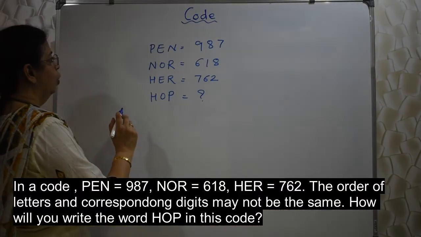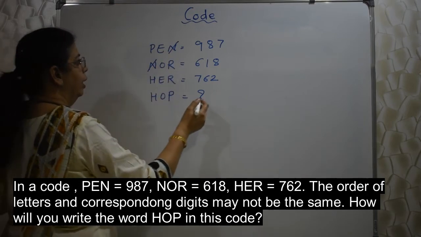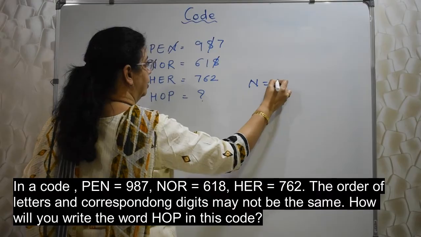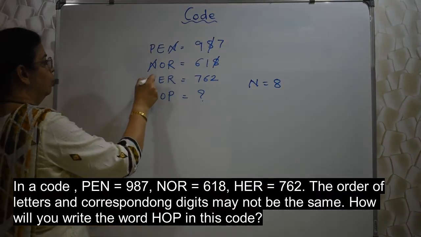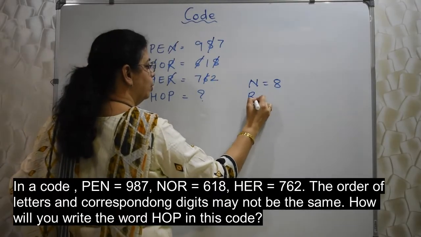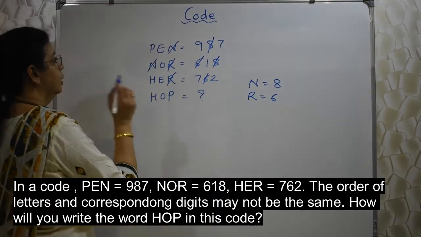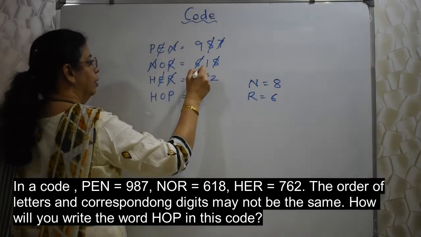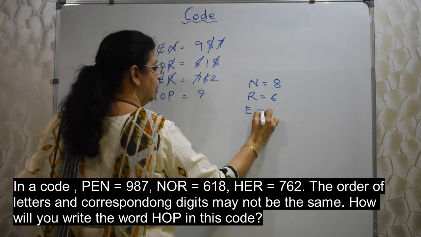Find out the common. So here N is common, 8 is common. So N is equal to 8, right? For these two we will see. R is common, 6. So R must be equal to 6. Now for these two, E is common, 7. E is equal to 7.